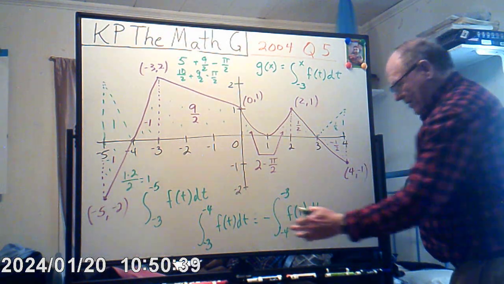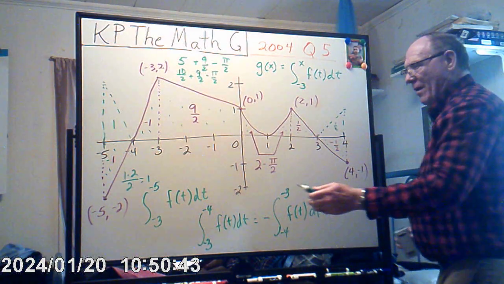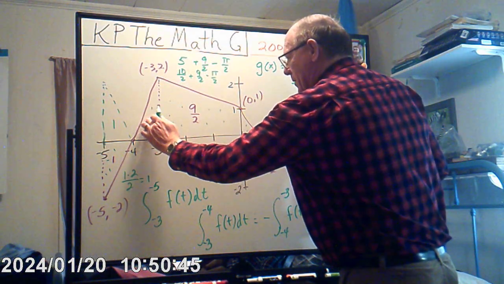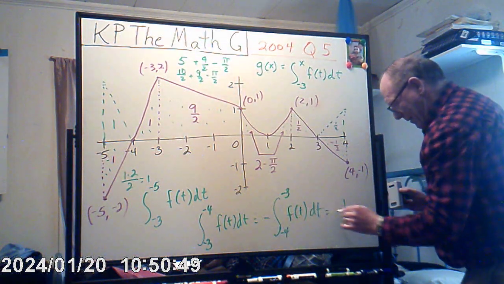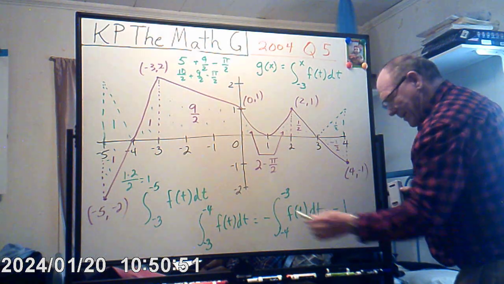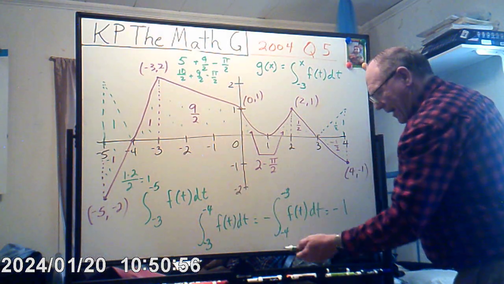All right, so this is going to be equal to... We know that it's 1 here because it's above the x-axis. So the answer is 1, but it's a negative since this had to be flipped around like this from here to here.